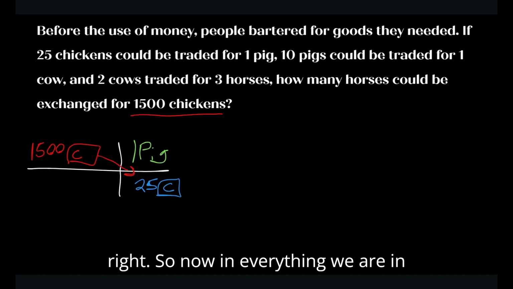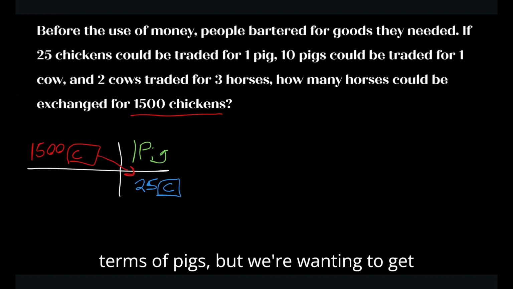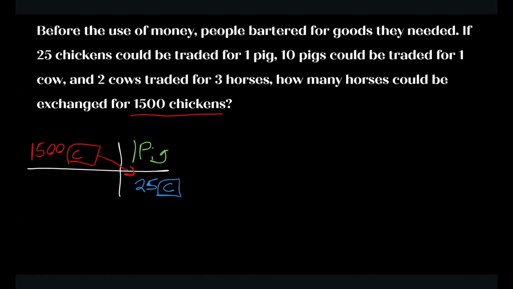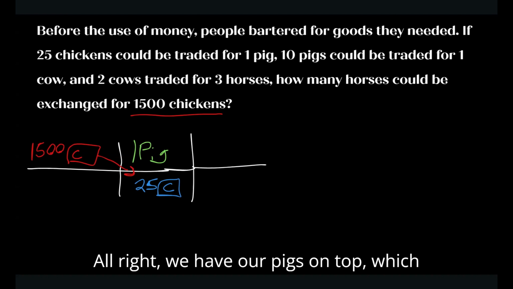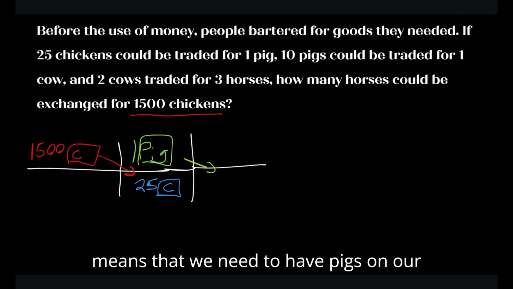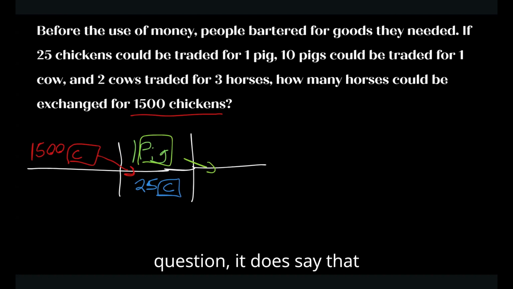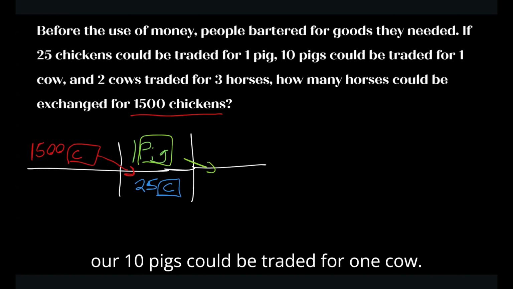All right, so now everything we are in terms of pigs, but we're wanting to get to horses. So we're going to expand this another time. All right, we have our pigs on top, which means that we need to have pigs on our next diagonal. If we take a look at the question, it does say that our 10 pigs could be traded for one cow.